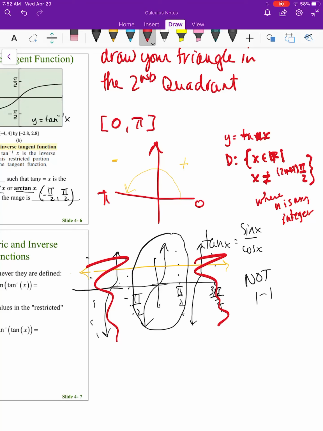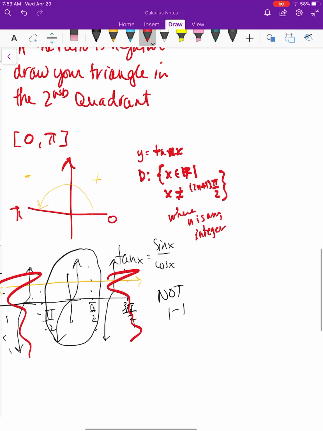And so that means if n was 1, that would be 3 pi over 2. If n was 0, that'd be 1 pi over 2. If n were negative 1, that would be negative pi over 2. So it can't be any of those values. And when we restricted it, oh, and the range was negative infinity to positive infinity.